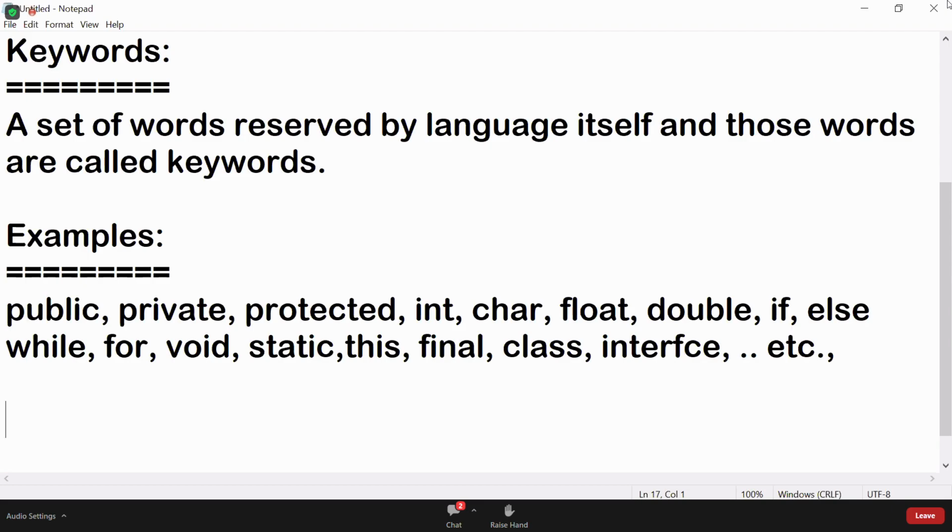These words, writing program purpose reserved, are called keywords.